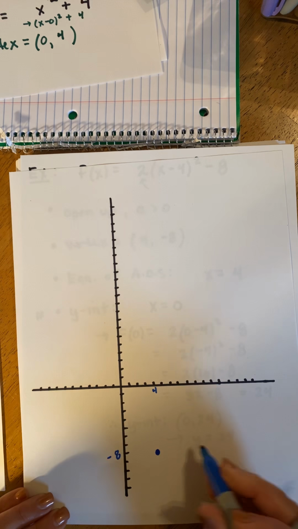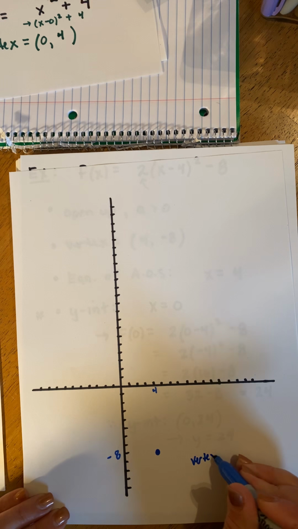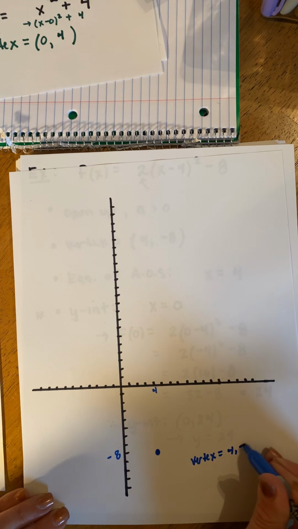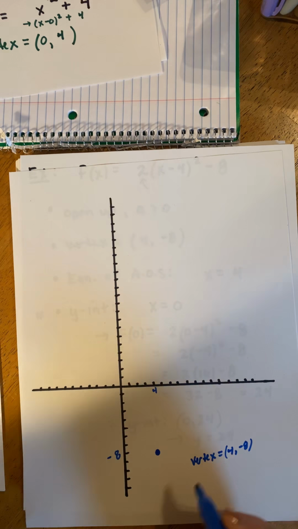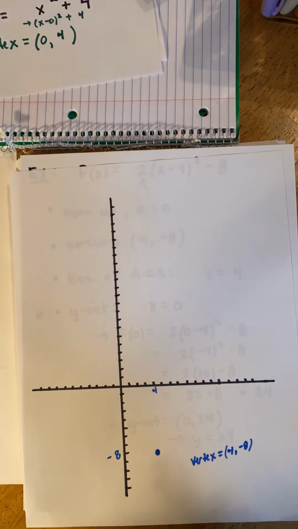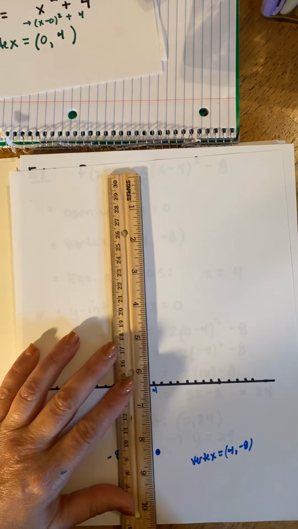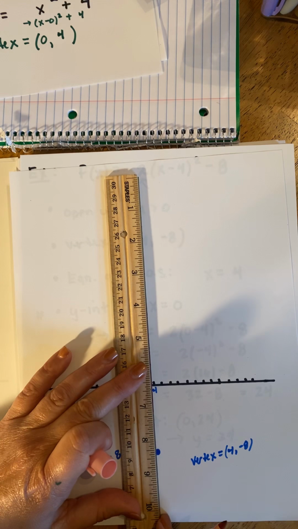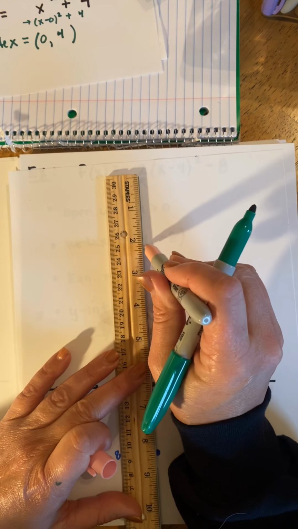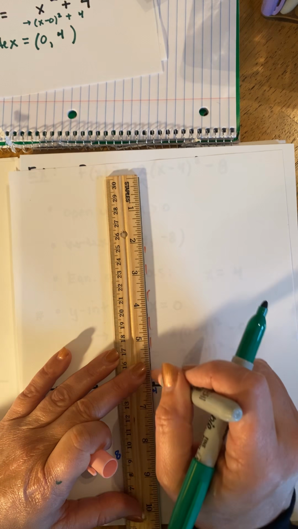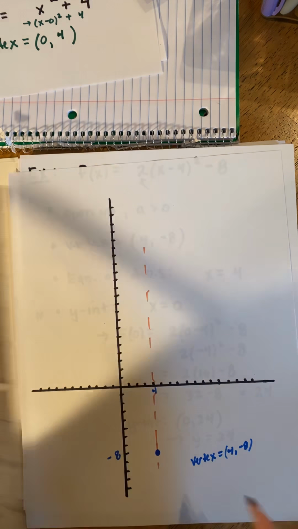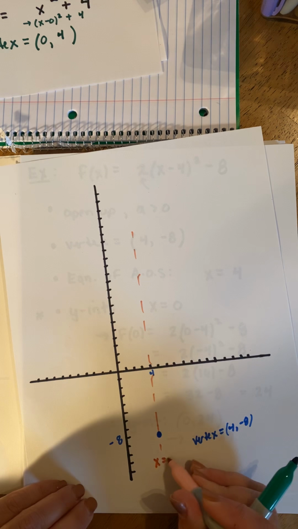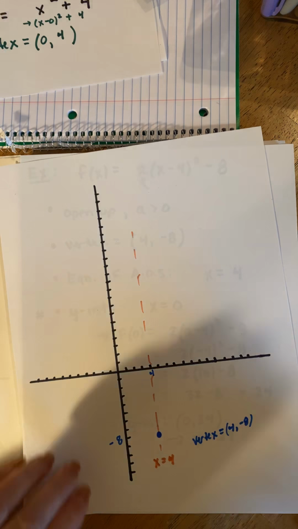I know it opens up, so it is going to cross the x-axis, so we are going to have to do that. There's my vertex. I'm going to draw my axis of symmetry, just to have some idea of how this behaves. It'll be helpful when we're trying to plot other points. So this is going to be x equals 4, the equation of the axis of symmetry.